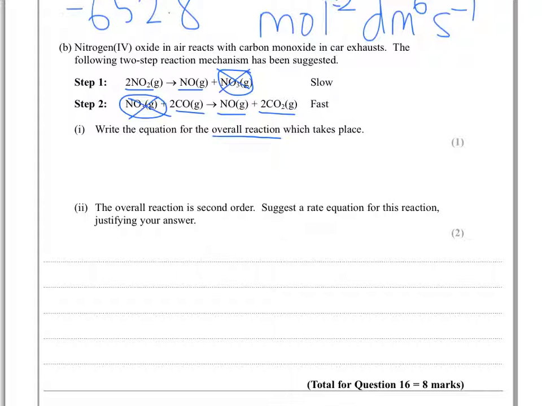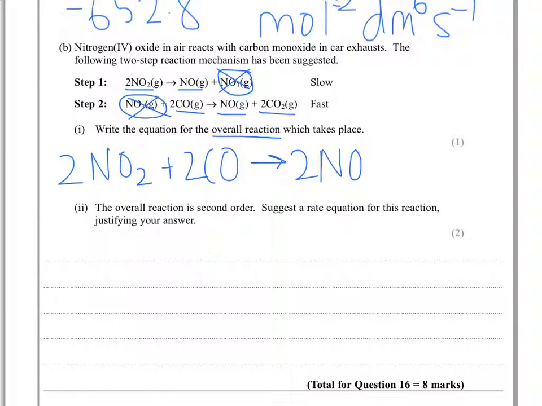So the overall equation is 2 NO2 plus the 2 CO from the second step, which will turn into not 1 but 2 NOs, 1 from each step, and your 2 CO2s. Just double check that that is balanced. In this case it is, so that must be the correct one for the overall reaction.